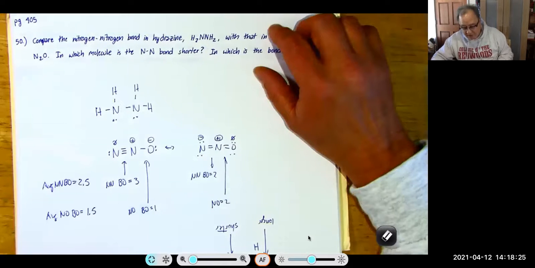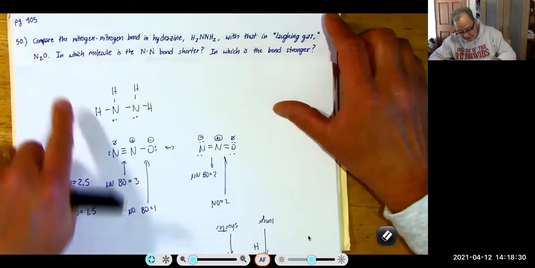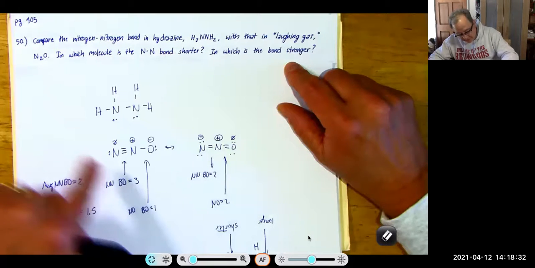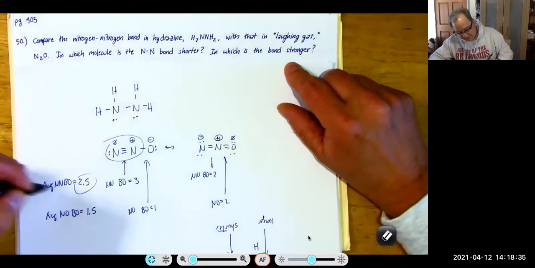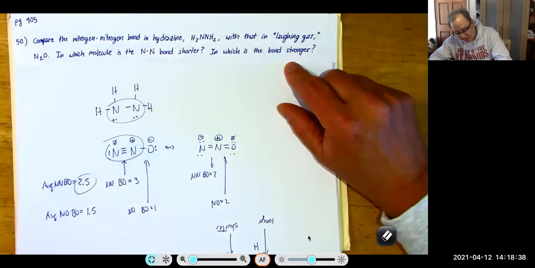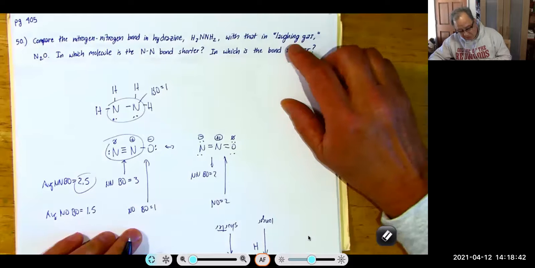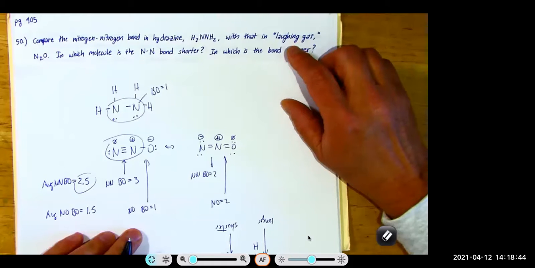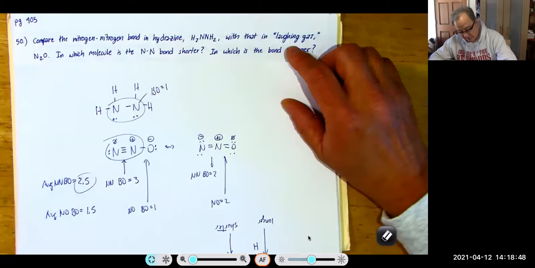Okay, so they want to know which one is shorter. This one here, which is a 2.5, or this one here, which is a BO of 1, right? So which one is shorter? The single nitrogen. No, that's longer. Oh yeah.